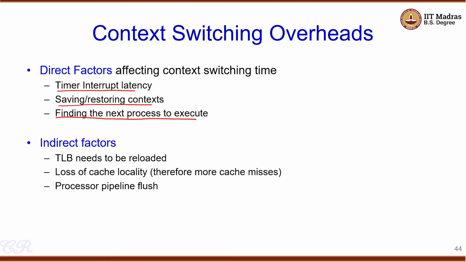In addition to these direct factors, there are also indirect factors that affect the context switching time. Whenever we perform a context switch, there is essentially a loss of locality, right? This loss of locality is manifested in multiple ways. For example, the processor pipeline needs to be flushed.